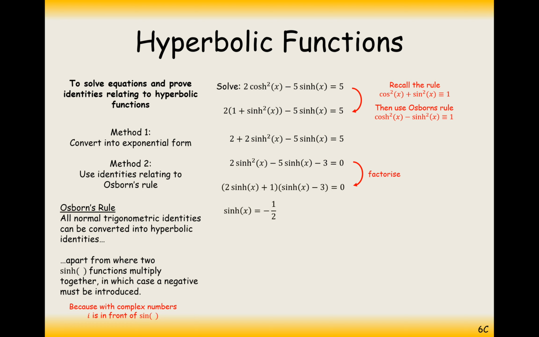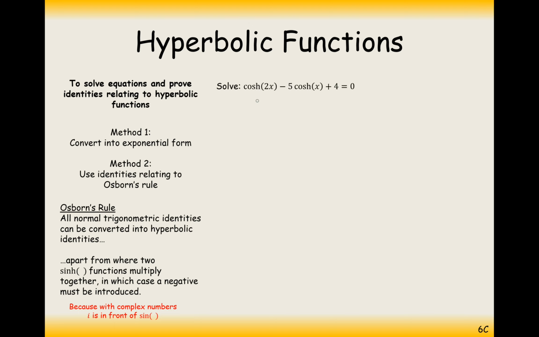So I've got either sinh x equals minus a half or sinh x equals 3. And recalling the arsinh formula, which is ln of x plus root x squared plus 1, I've got two answers here. This turns into this thing here, and sinh x equals 3 turns into this expression here. So that's an example of where I can use Osborne's rule to solve an equation.